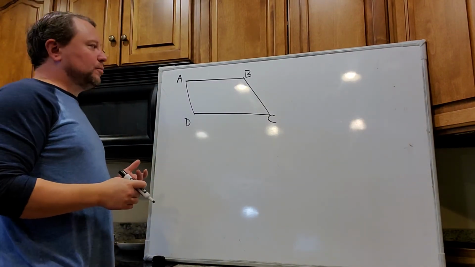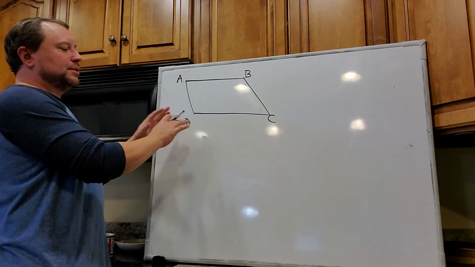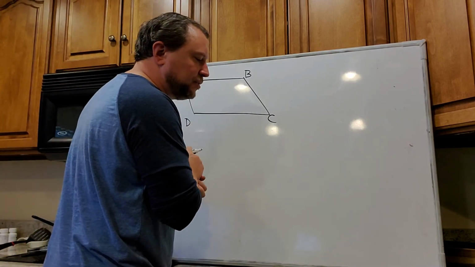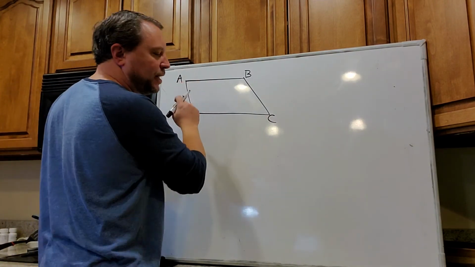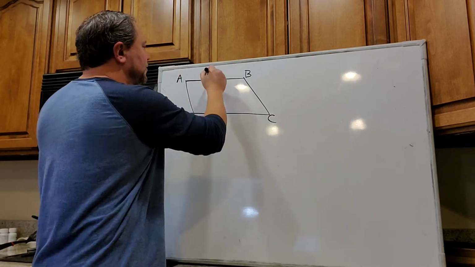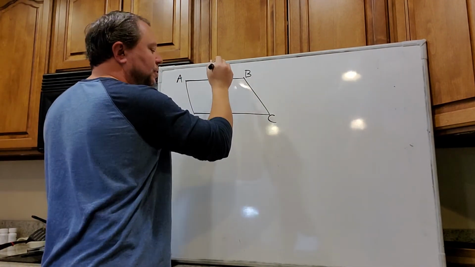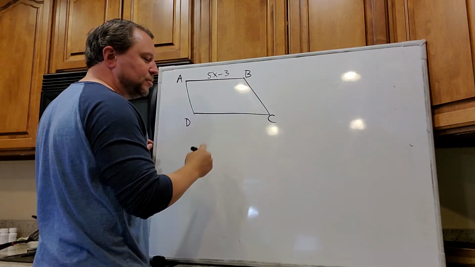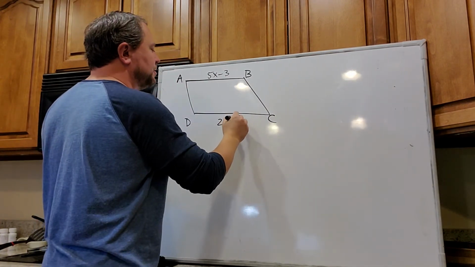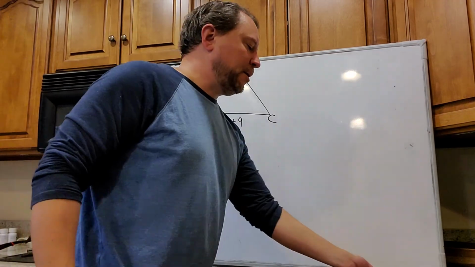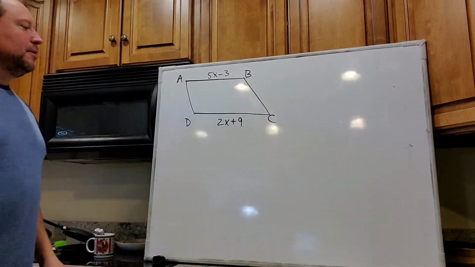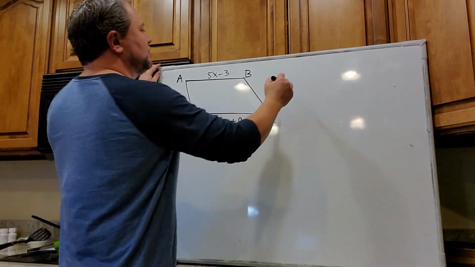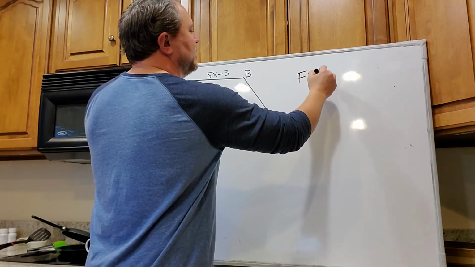And for our first one here, if this is a parallelogram, and they told you that this top side up here is 5x minus 3, and this side down here is 2x plus 9, then I'm willing to bet that you can help me find this one side AB.